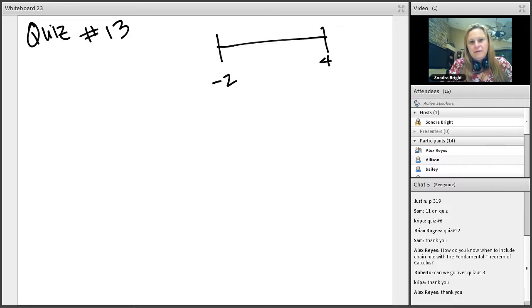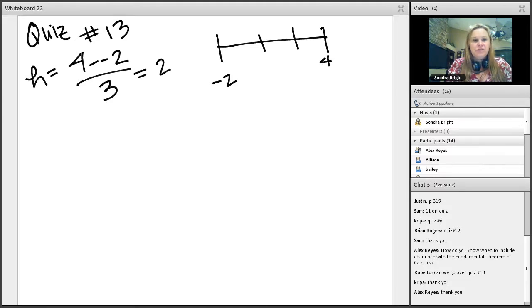To figure out the distance, you go 4 minus -2 and divide by the 3 subdivisions, which is 6 over 3, so 2. So this distance here is 2 and 2 and 2, and that makes that a 0 and this a 2.